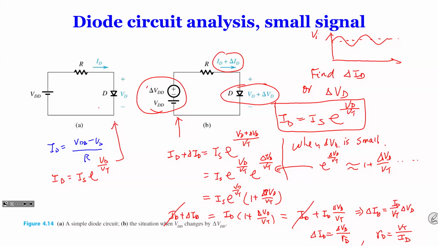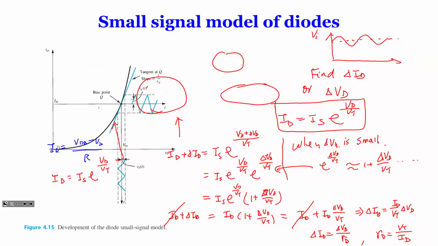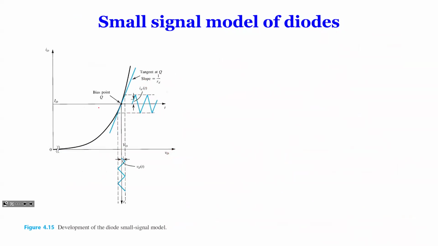So this is the small signal model that we derived for the equivalent circuit. In a graphical representation, this is the characteristic of diode current in terms of voltage. If it's DC, you're working at exactly the same point.